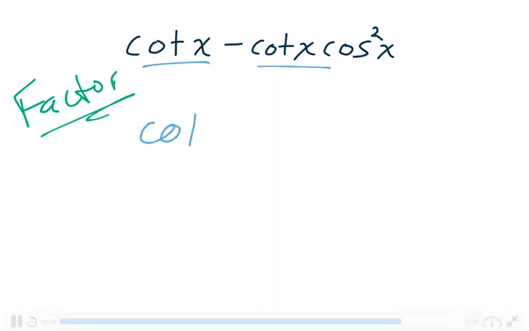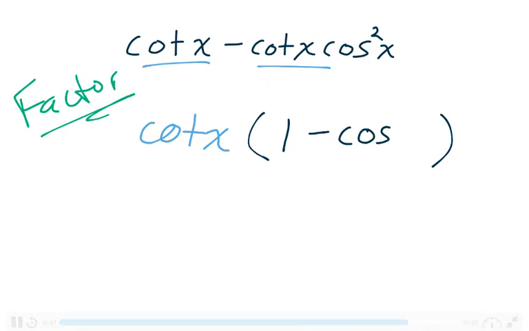So I'm going to factor out a cotangent. And, well, when you factor, it's kind of like reverse distributive property. You want to be careful that in the first one, you aren't left with nothing, you're actually left with the number 1. And, of course, in the second half of that binomial, I'm left with a cosine squared. So we factored out that repeated cotangent.